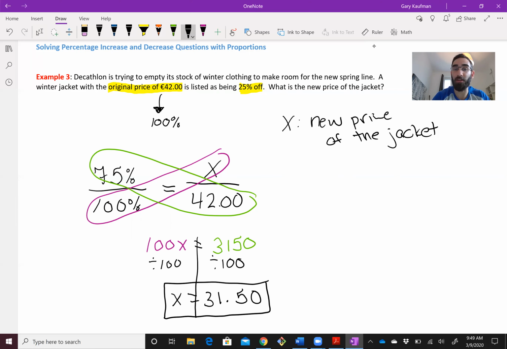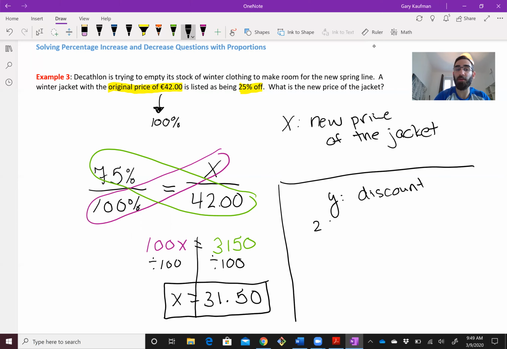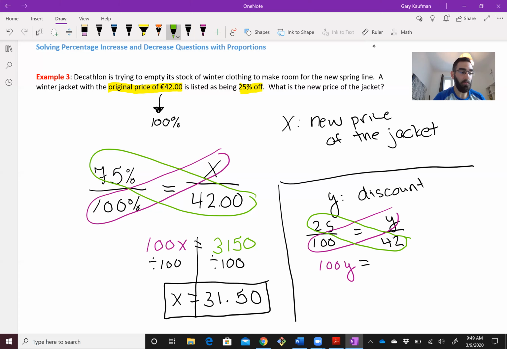Well, I could have done it another way. I could have actually set it up as y represents the discount. The way this would have changed is I would have had 25 over 100 equals y over 42. I still would have cross multiplied, and I would have gotten 100y is equal to 42 times 25, which is 1050.